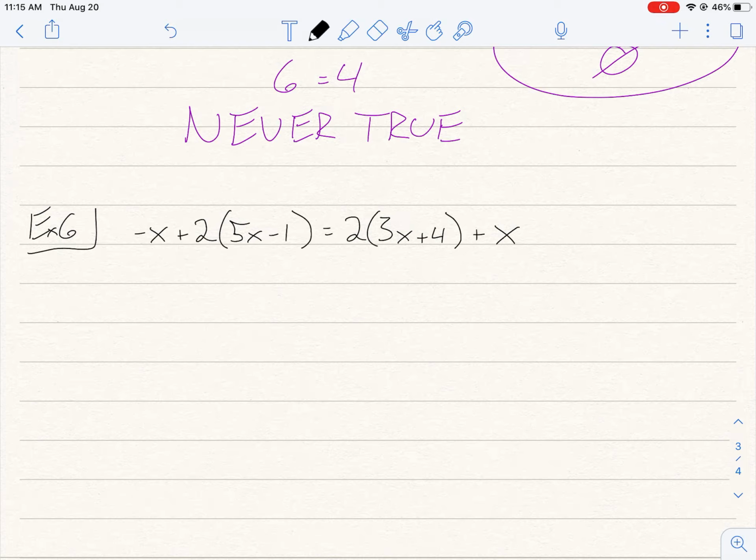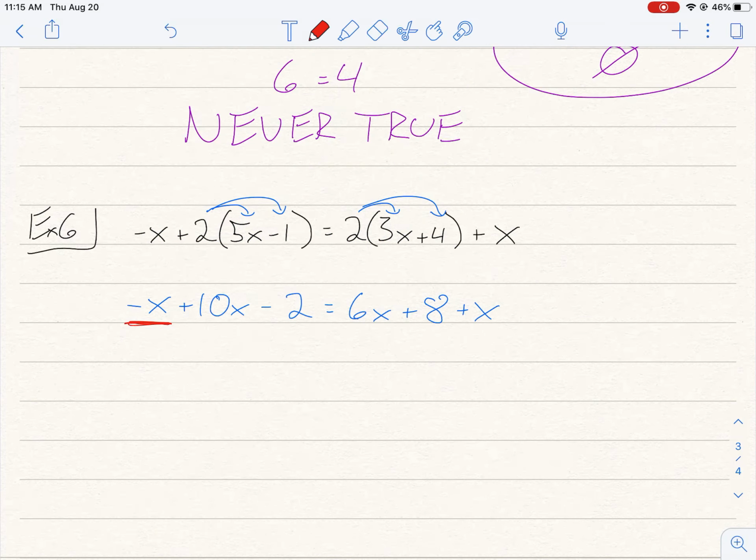All right, so pause the video, try this, come back to me when you're done. Welcome back. First thing you want to do, distribute inside the parentheses there. So the 2 gets distributed on both sides there. So we have negative x plus 10x minus 2 is equal to 6x plus 8 plus x.